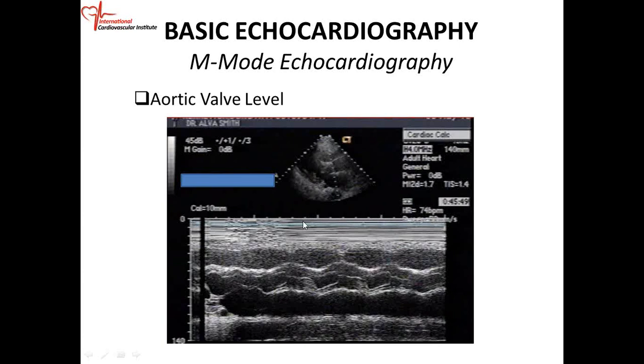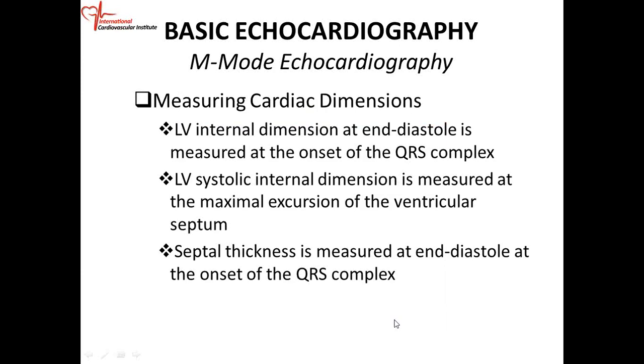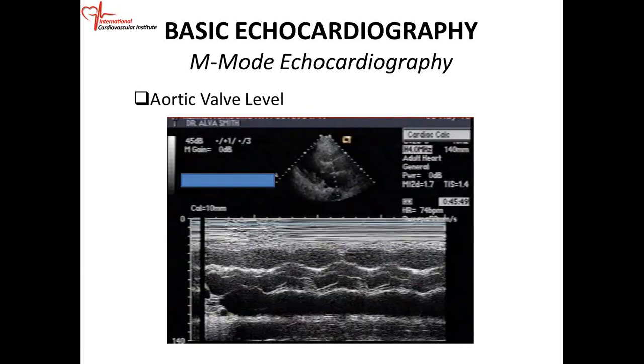It's gated. So when you look at your ECG, this should correspond to systole and this to diastole. And then below you have the left atrial cavity right here, and then the wall of the left atrium. All right, so you have to know your structures.